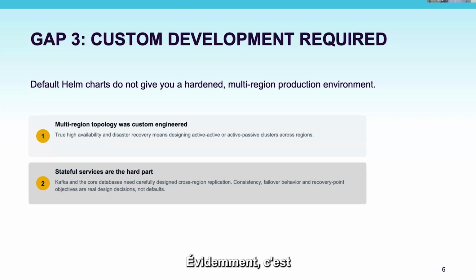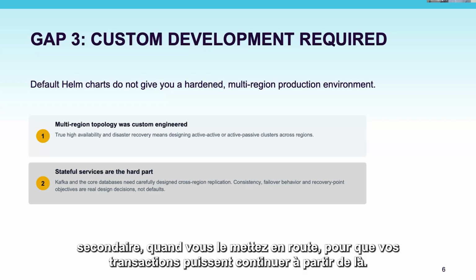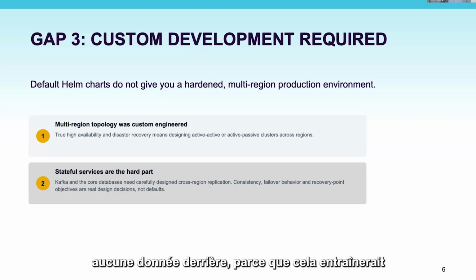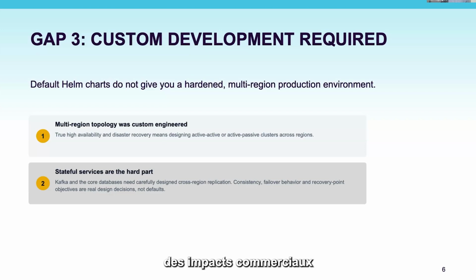Obviously, this is easy to do, but when we're talking about the core databases and Kafka, these are the components that hold your data. You don't want to have any differences between your primary site when it goes down and when you pull up your secondary site so that your transactions can run from there. We have to be careful that we do not leave any data behind because that obviously will lead to some serious business impact.